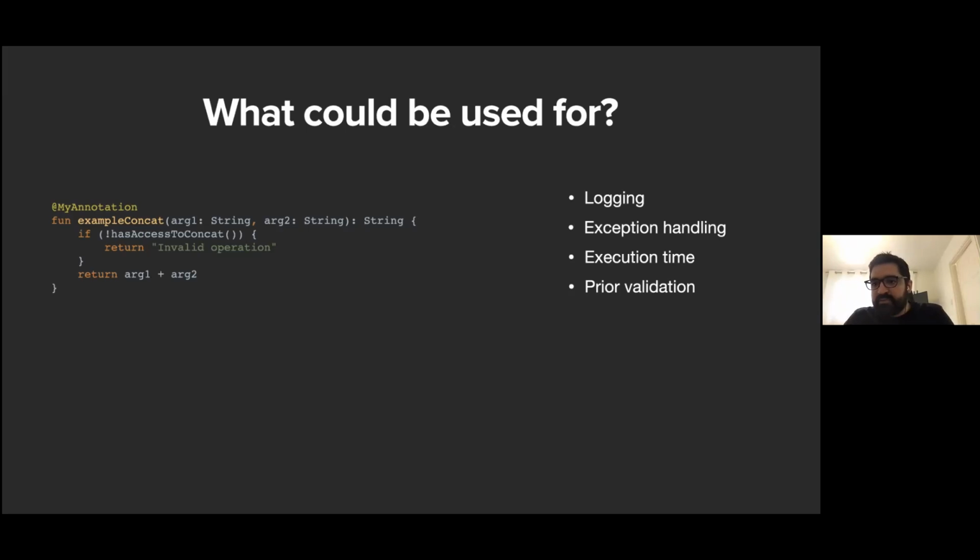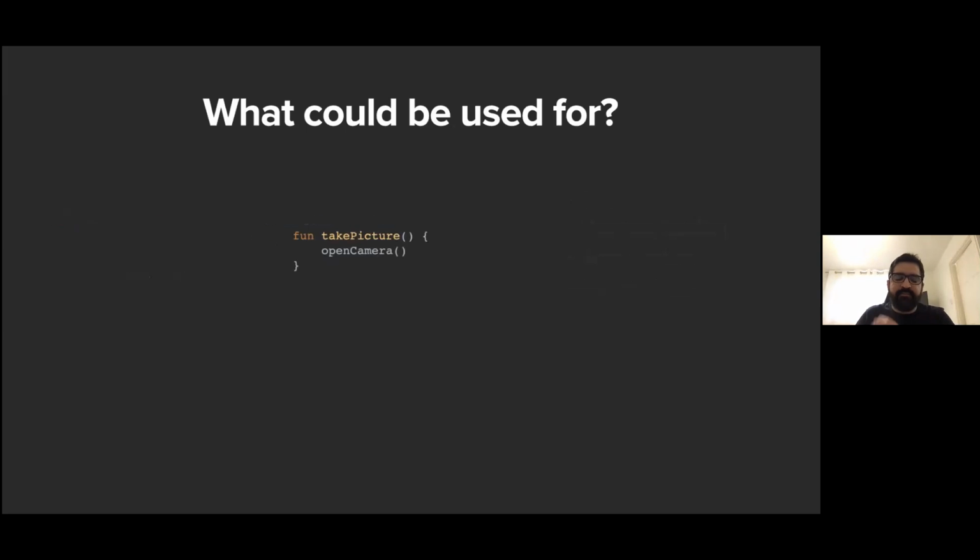So this is also a pretty common use case. And lastly, for me as an Android developer, this is a case that is very useful. For example, in Android, there are a couple of things that before you can execute them, you need to make sure that the user has granted the right permissions to your app.